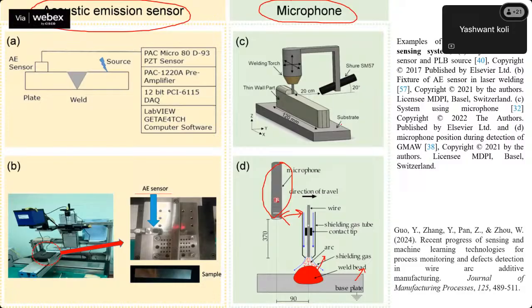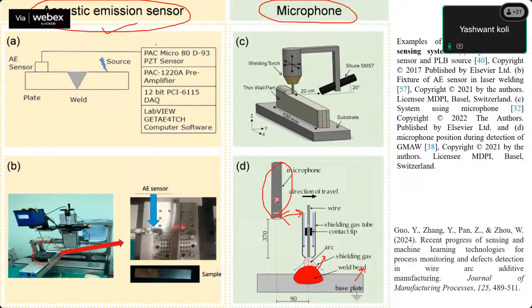And apart from the microphone, there are AE sensors. AE sensors capture high frequency transient acoustic waves, in the range of 0.1 to 10 megahertz, or 50 to 400 kilohertz in some special cases. So the high frequency transient data can be easily captured.